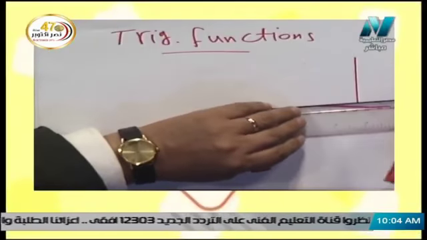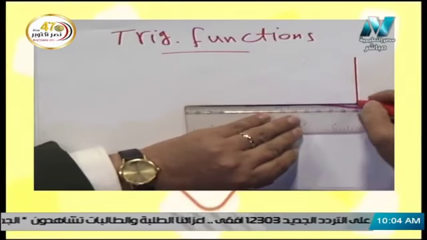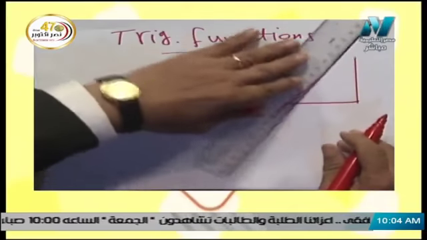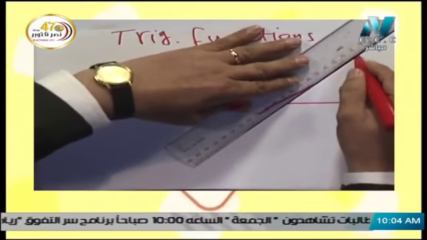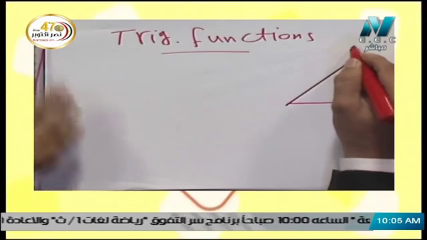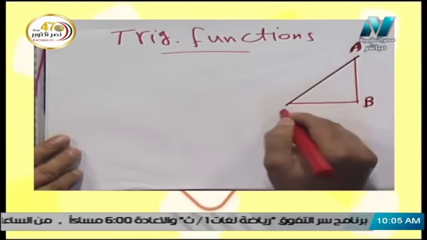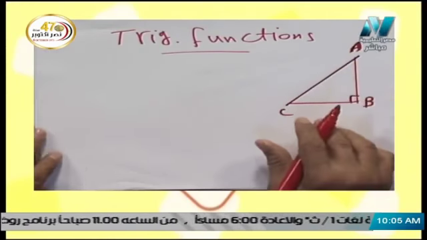We have a right angle triangle here, with vertices A, B, and C, and B is the right angle.